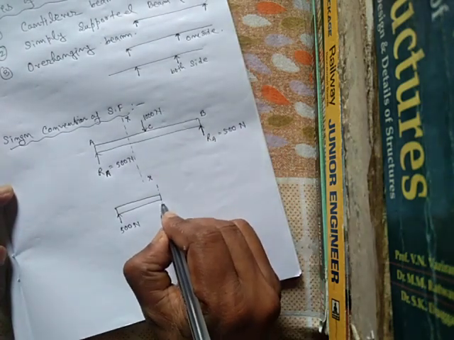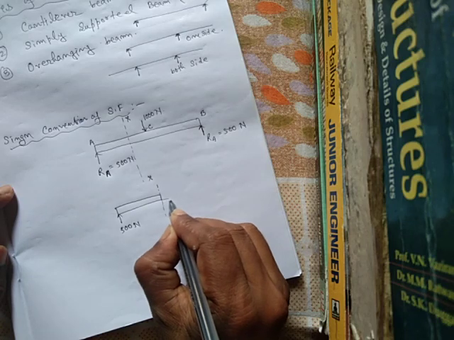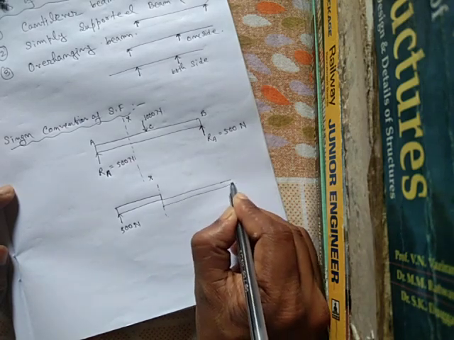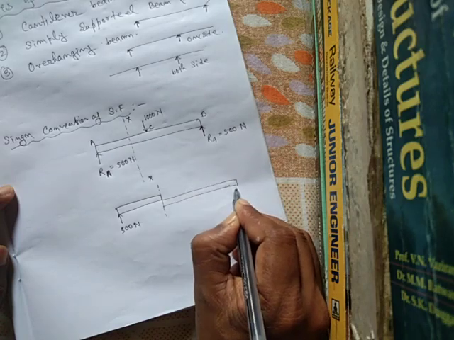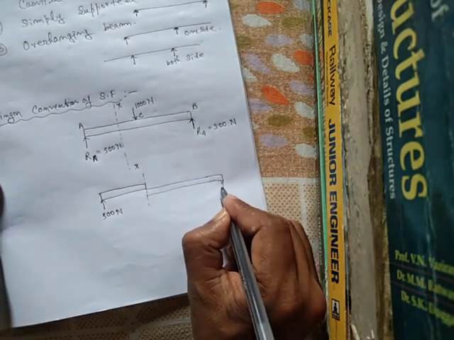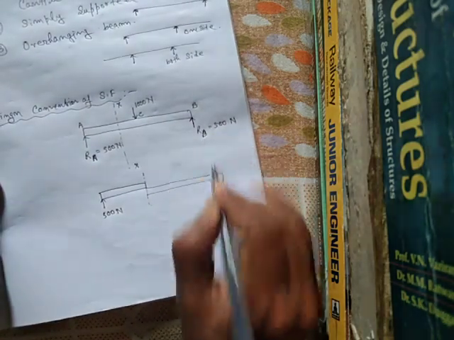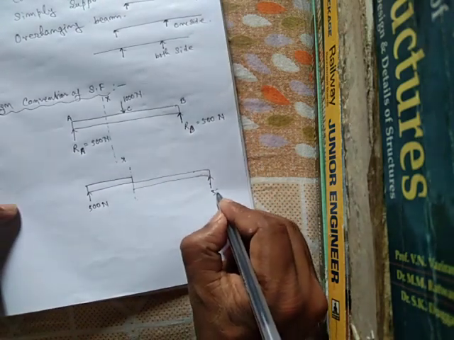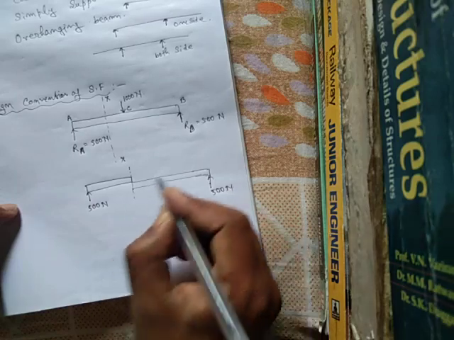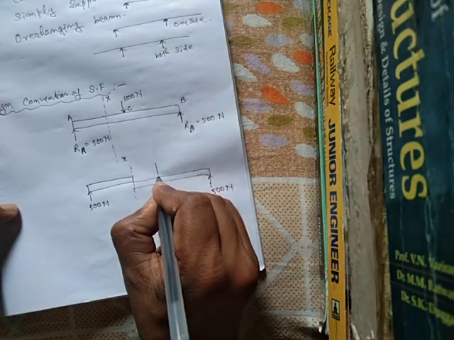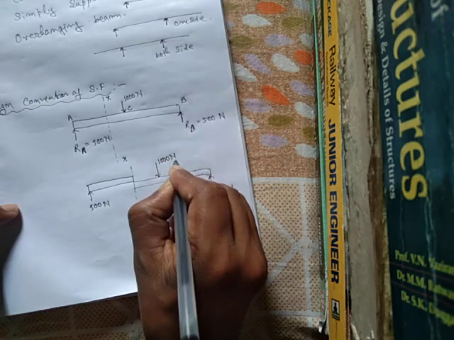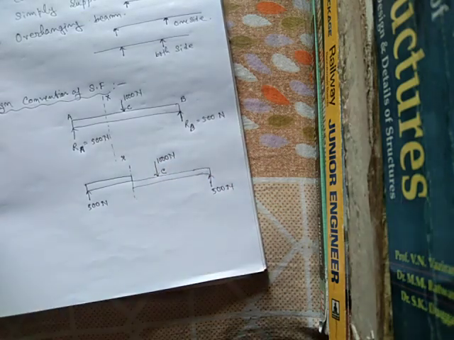This is the left side section, and this is the right side section of the beam. Sorry, this is reaction B. RB is equal to 500 Newton, and the point load at center is 1000 Newton at point C.